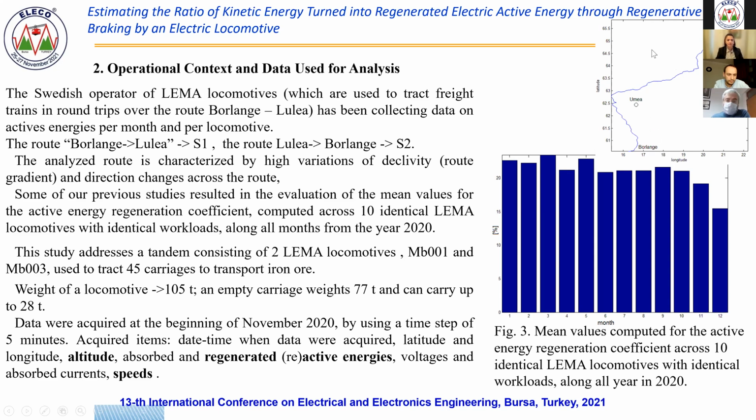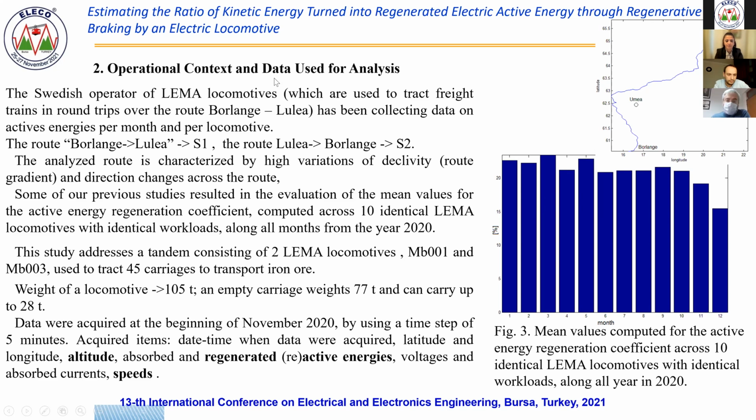I hope you can see in the right top corner the scenario. They go from the southwest part, a factory to manufacture iron ore, to Lale in the right top corner, where the mine of iron ore is. So they go north empty and they go back with the iron ore.